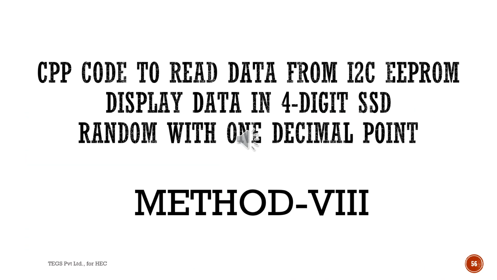The C++ code to read data from I2C EEPROM and display the data in a 4 digit 7 segment display in a random way with 1 decimal point is dealt with in this section, and this is identified as method 8.